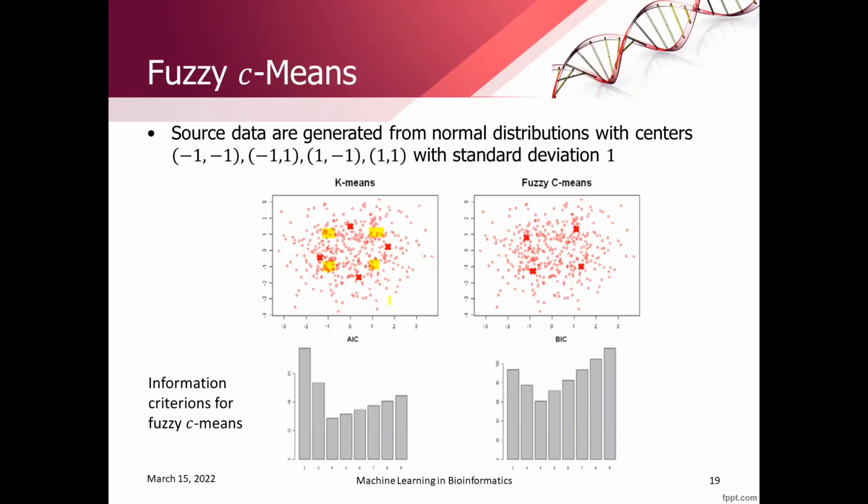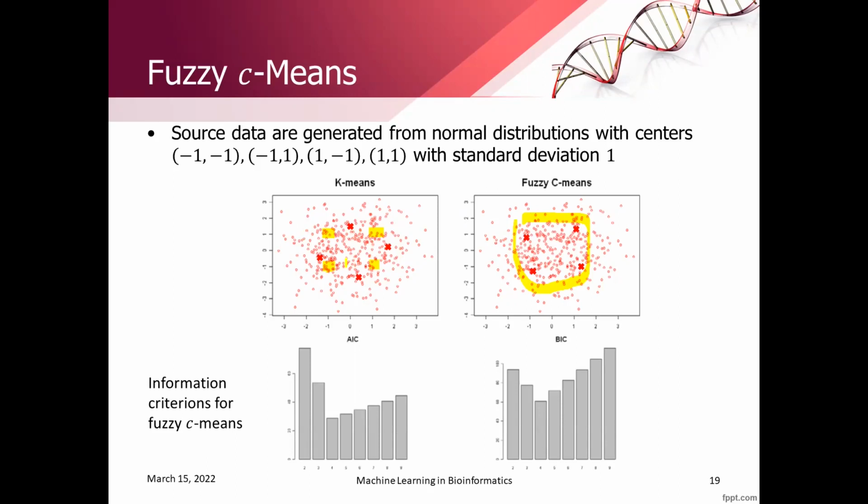If we use k-means, we obtain such centroids, and if we use fuzzy c-means, also with k equal 4, we obtain these centroids. So we can say that this is a better approximation of the centers of the 4 normal distributions used for generating the data.